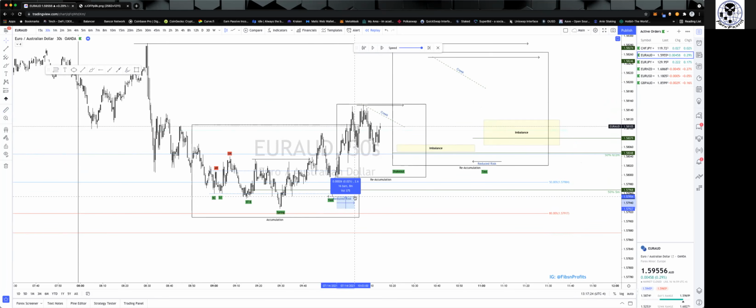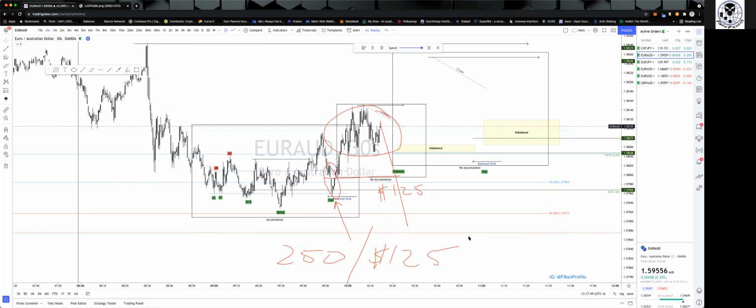So this was 2.6 pips, and immediately I was able to reduce the risk in half. Where I had a $250 risk, I now had a $125 risk, which meant when price started to do this distribution, I was looking for an entry based off of this last push. I was able to put a $125 risk on it because if price ends up stopping me out, I still only lose the $250.